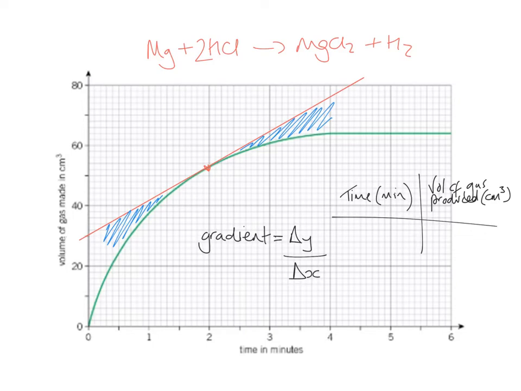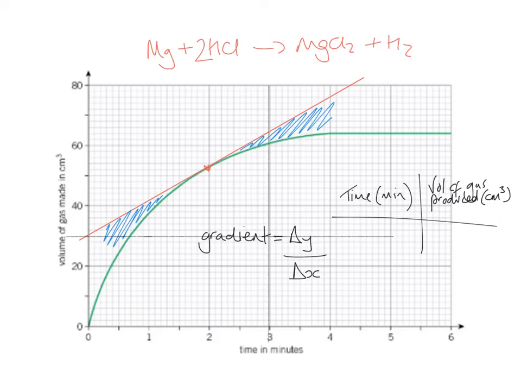So the first one I'm going to draw is here, and that's because of the fact that we have the tangent line bisecting the y-axis. And then I'm going to just choose anywhere else that has a solid line on the x-axis. So 3 minutes is really good here because it'd be really easy to read across.